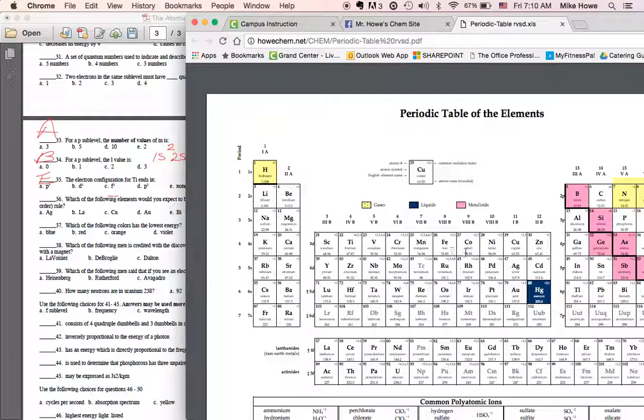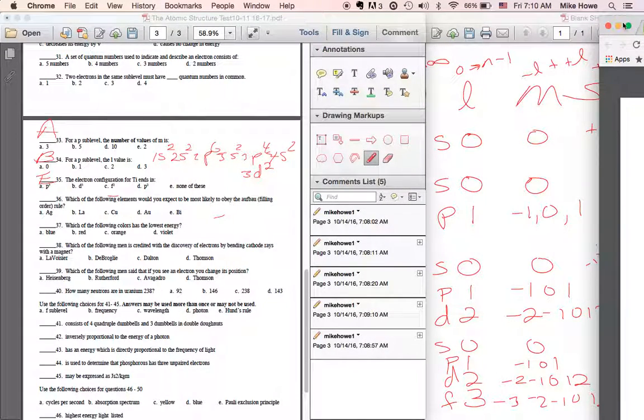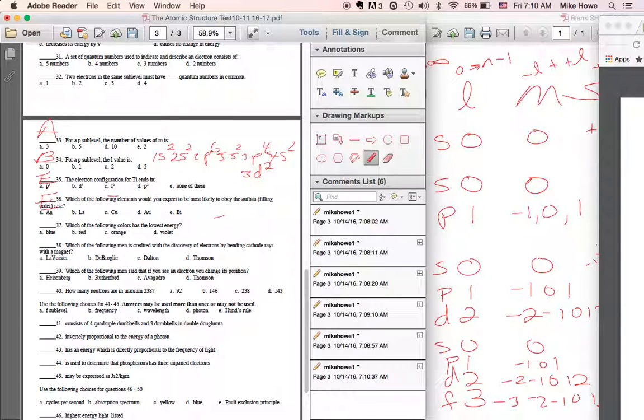Copper is over here in the D block. Gold is in the D block, and bismuth is sitting out here in the P block. So which one's most likely to obey? It'd be the one that's not in the D or F block, because the exceptions to filling order, if there is one, occur in those two blocks. So the answer would be E, bismuth.